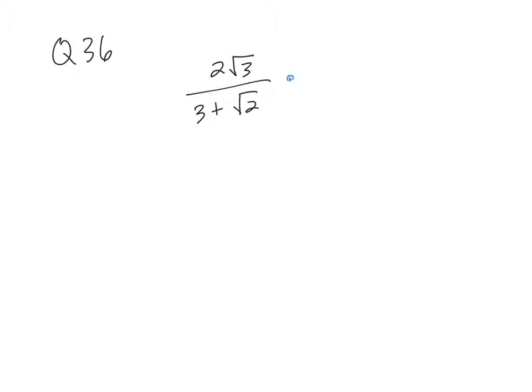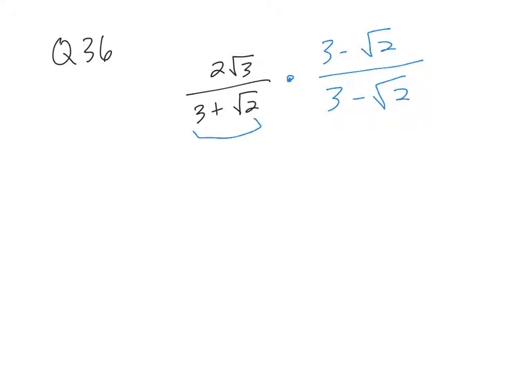The conjugate is just this whole denominator with the opposite sign in front of the radical. So instead of being a plus sign, it's going to be a minus. When I multiply the bottom by, I have to multiply the top by. The reason why, if I multiply the top and bottom by the same number, that's really a fancy version of 1. So that's why we're allowed to do it.